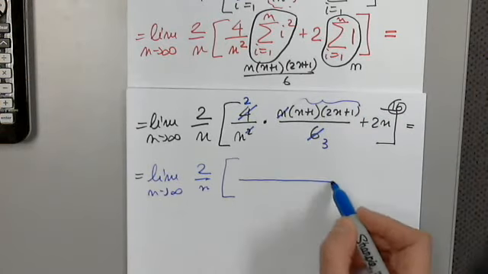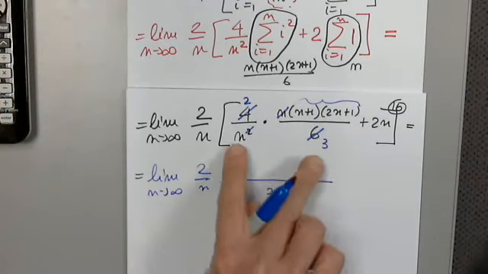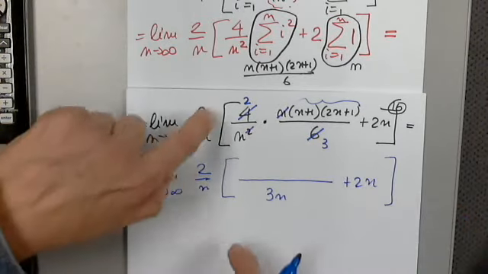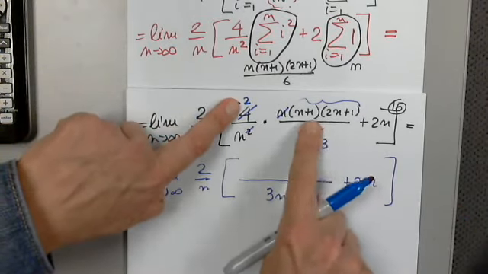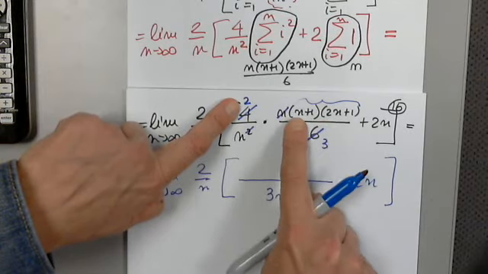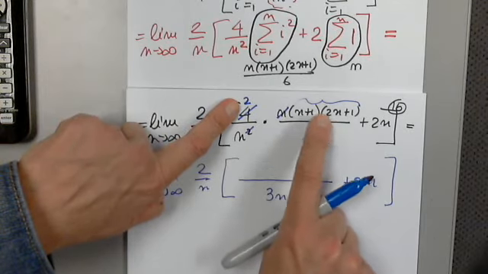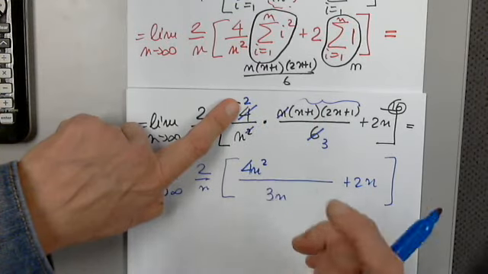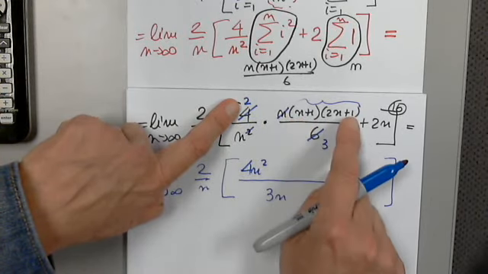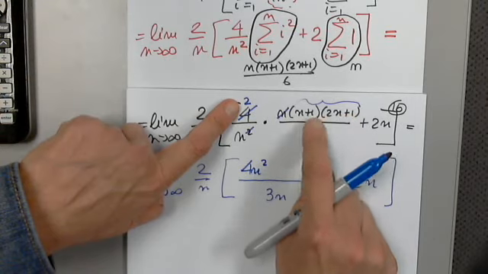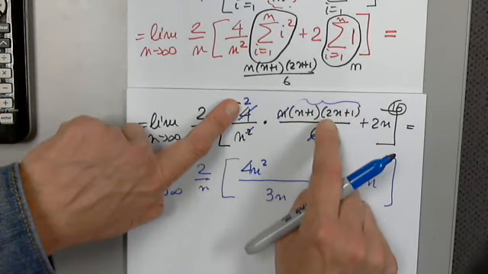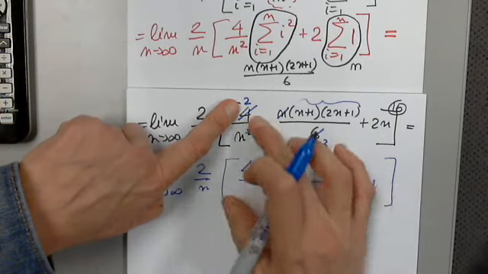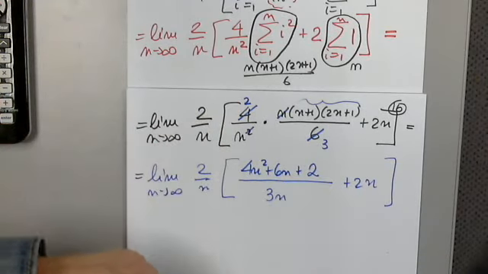So the denominator is 3n, and then plus 2n. And I have to distribute 2, but I have to multiply these first. n times 2n is 2n squared times 2, 4n squared. n times 1, n plus 2n is 3n times 2, 6n. And plus 1 times 1 and times 2 is 2.